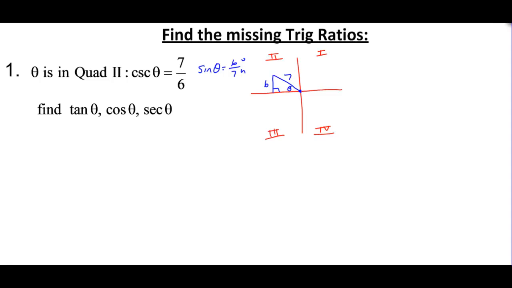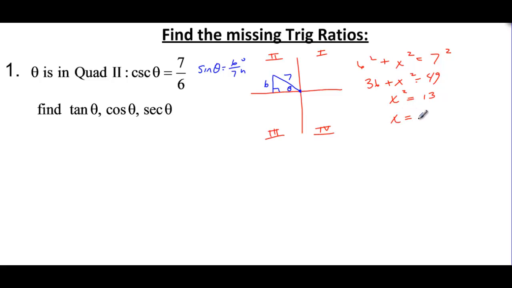So now I can solve for my third side by using Pythagorean theorem, which is leg squared plus leg squared, which I don't know, I'm going to call it x, equals hypotenuse squared. So I get 36 plus x squared equals 49. X squared is equal to 13.